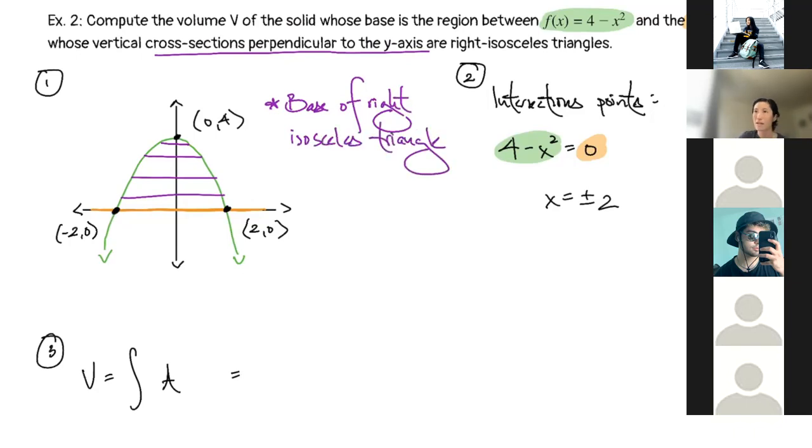Okay. Now, knowing that these bases, I'm sort of starting with the biggest base down here, all the way to the tiniest base at the top, should we say this is the integral of the area dx or the integral of the area dy?